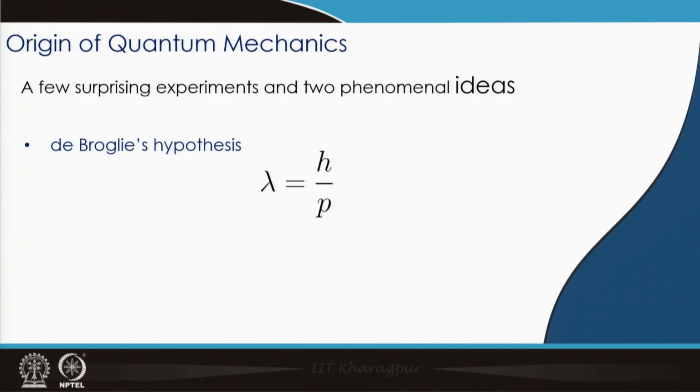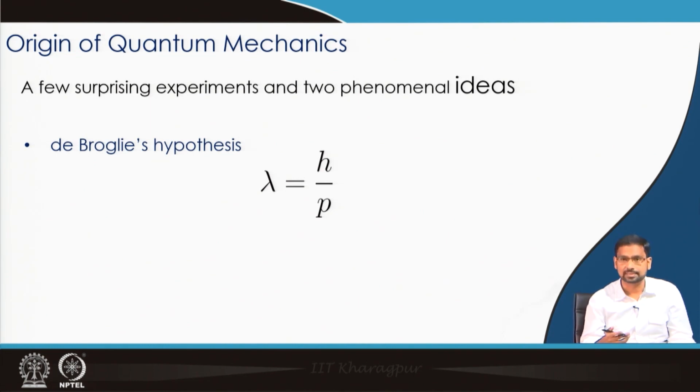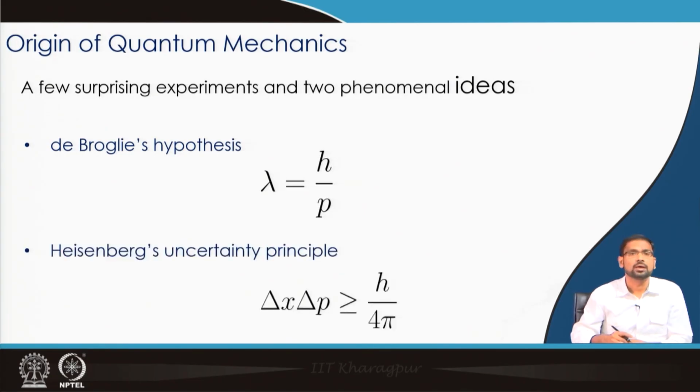So in that case the de Broglie wavelength is very small. Otherwise we can also extend it to the classical world, except for the fact that in the classical world the de Broglie wavelength is so small that it doesn't make sense to call it a wave.